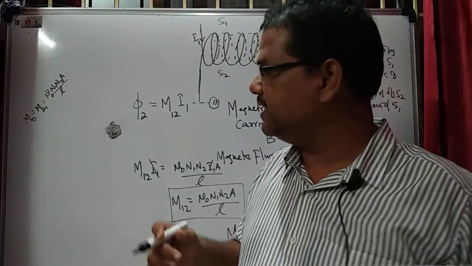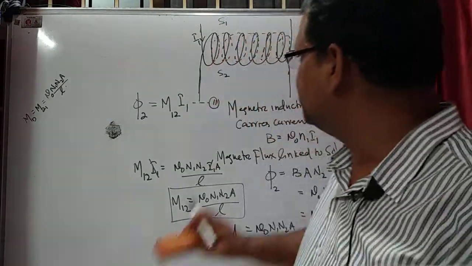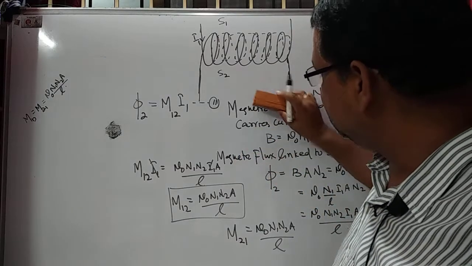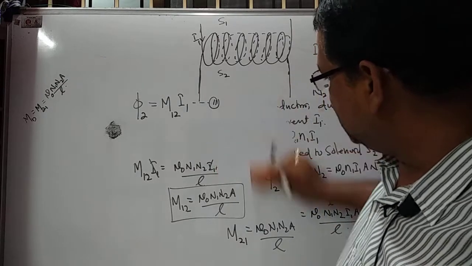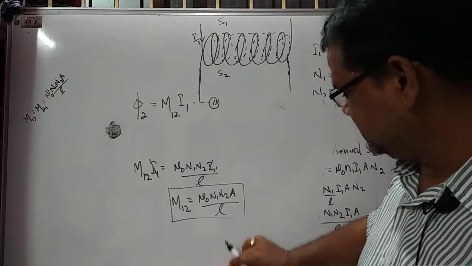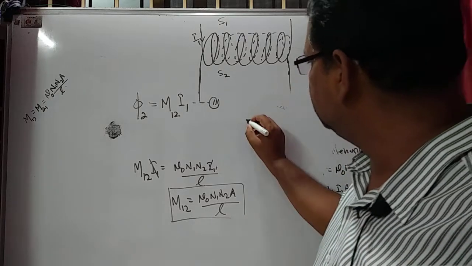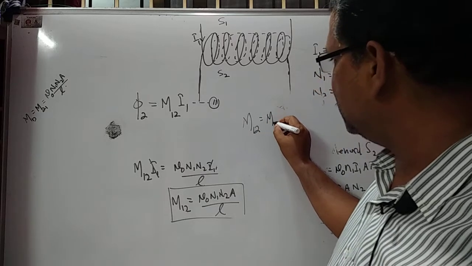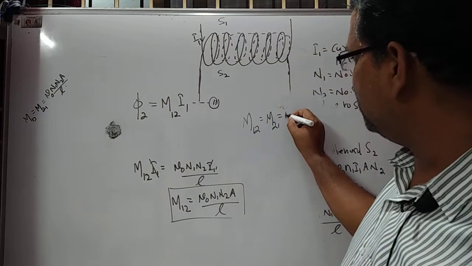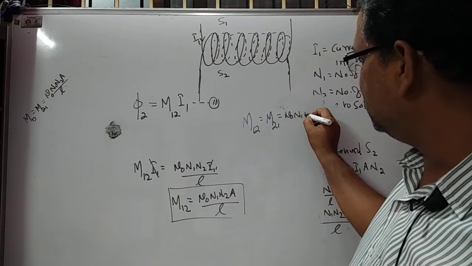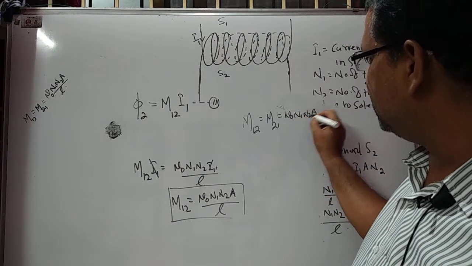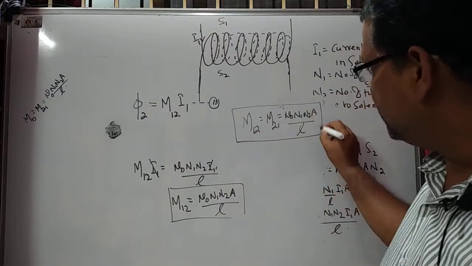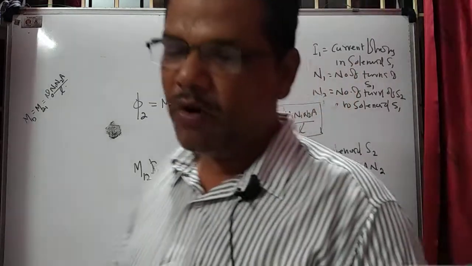So in both cases we find the final result: M12 equals M21, equal to mu naught N1 N2 A upon L. That is the mutual inductance between two coils.